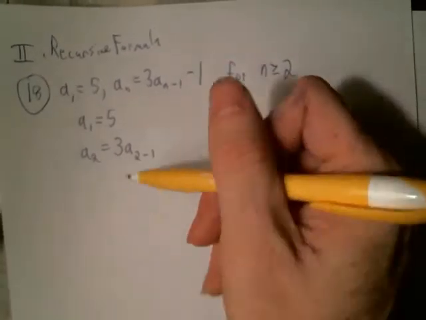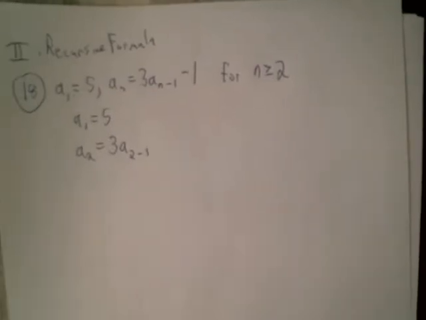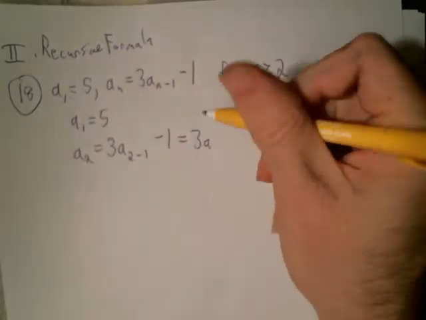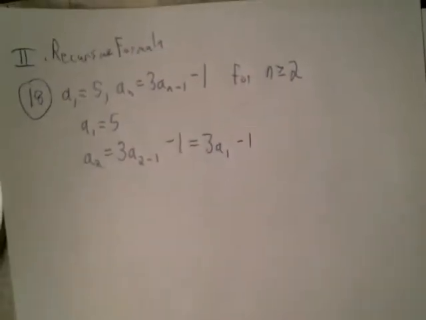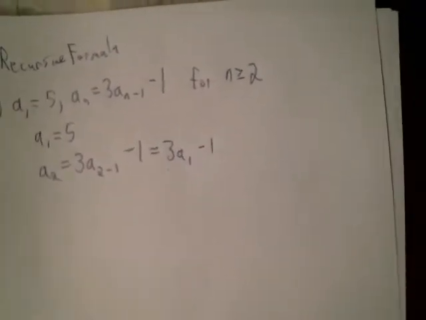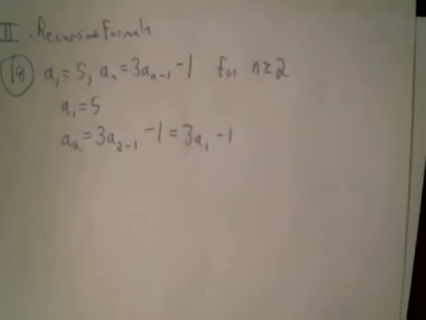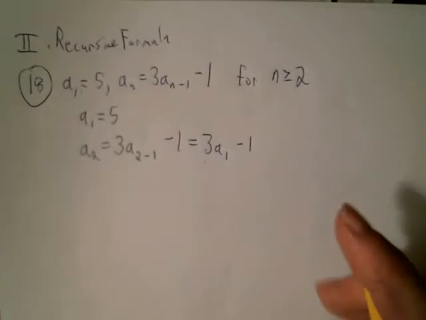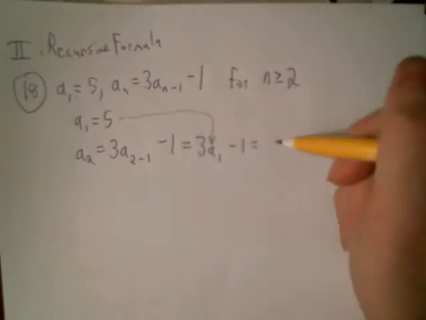Okay, so we want to use this formula to get to the next term. So 3 times a sub 2 minus 1 and then minus 1. So this is 3 times a sub 1 and then minus 1. And a sub 1 is 5. So you're just going to plop a sub 1 into there.